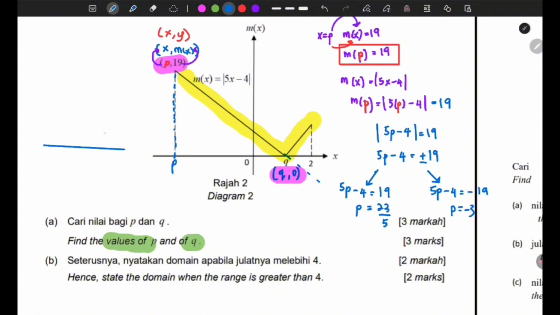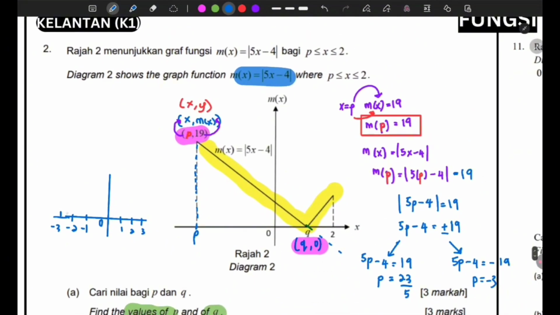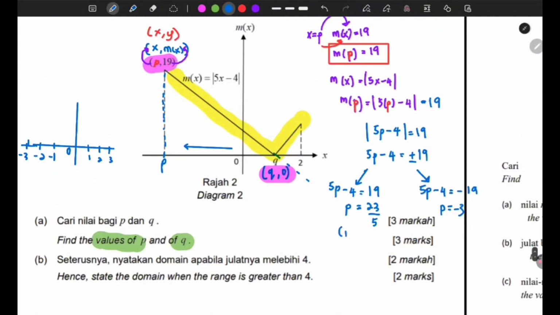In a normal graph, if here is the origin, anything that is right of the origin is all positive, 1, 2, 3, and anything that is left of the origin is negative numbers, right? So your p should be negative because it is left, which is on the negative side. So therefore you can just ignore this, write the word ignore or reject, and you just need to say p equals negative 3. But that is not the final answer, guys.